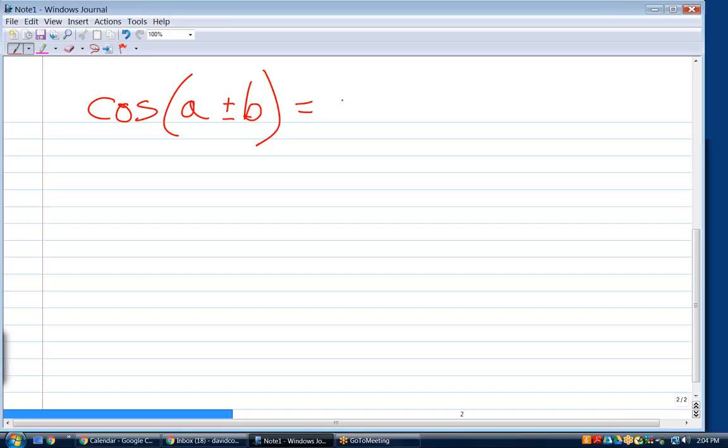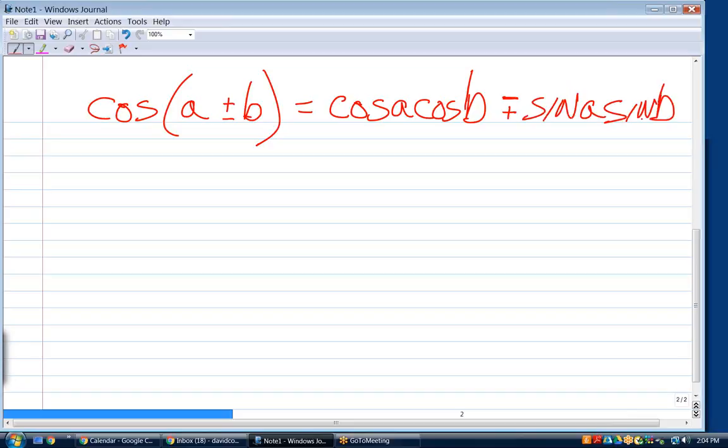This one has both cosines in front, which means it has to be cosine A, cosine B. And then the sine is the opposite of this sine. So it's minus plus. And then the next two terms have to be sine. So it has to be sine A, sine B.